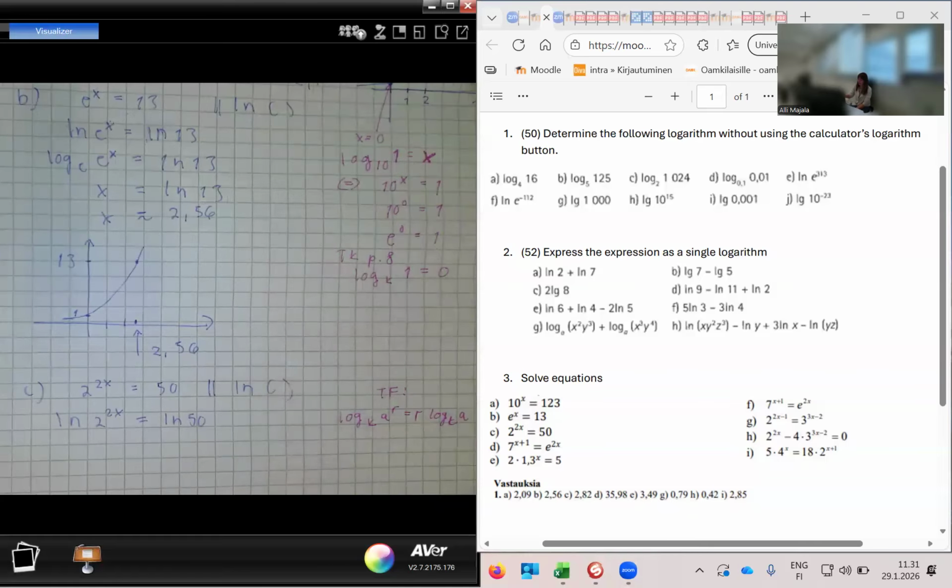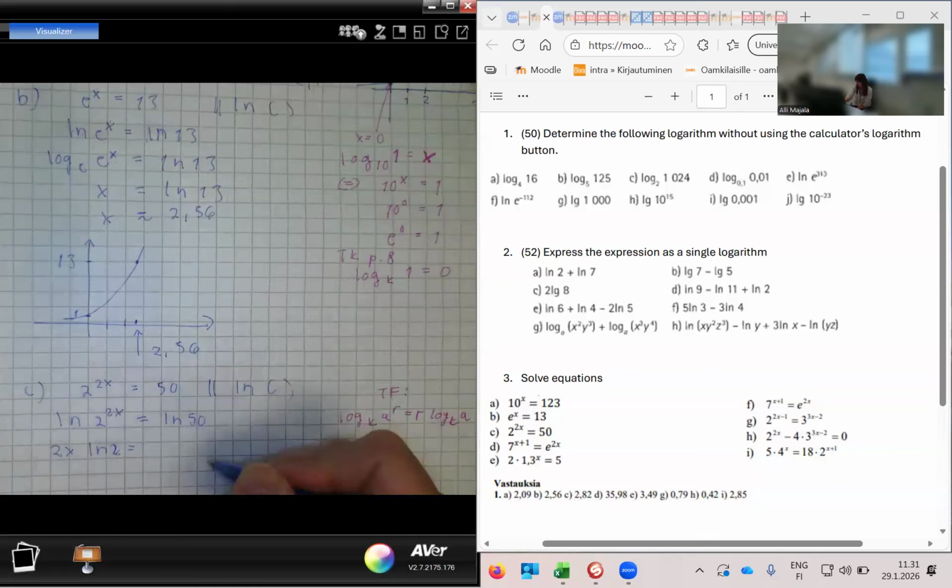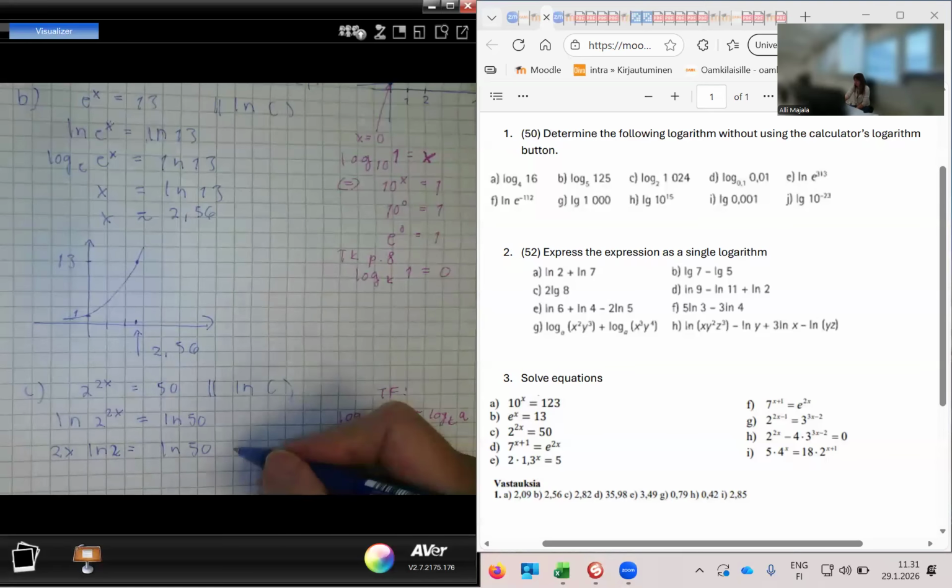Then I drop the exponent, ln 2, and I can already divide by 2 ln 2 because I have to get rid of the 2 as well.